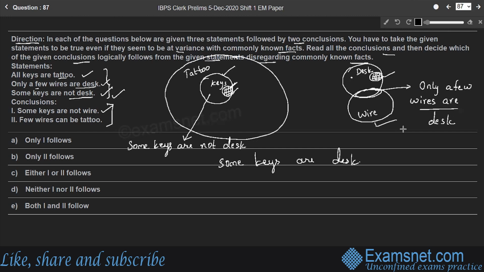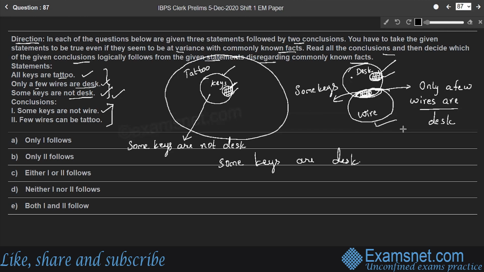So if the set of keys portion is here, instead of this part, if it is here, the shaded portion, then this represents some keys. Then it is common to wire, desk and keys.